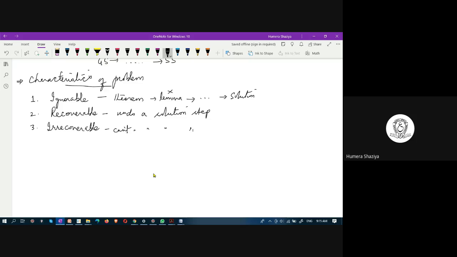Example, when we tried solving the water jug problem, we tried applying a particular rule, and we feel that this rule is not leading to the solution.